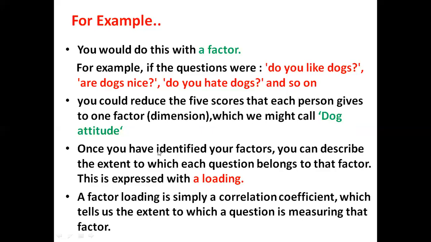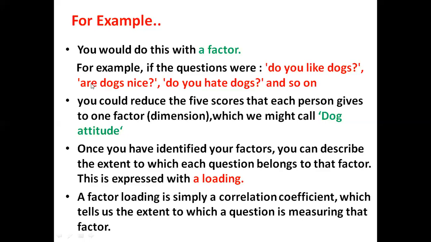Once you have identified your factors or dimensions, you can describe the extent to which each question belongs to the factor. And it can be expressed as a loading, right? A factor loading is simply a correlation coefficient, which tells us the extent to which a question is measuring that particular factor.